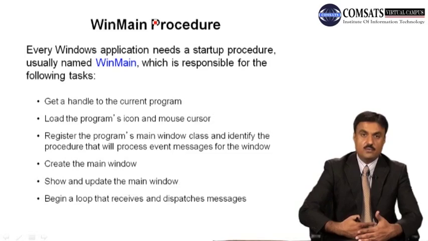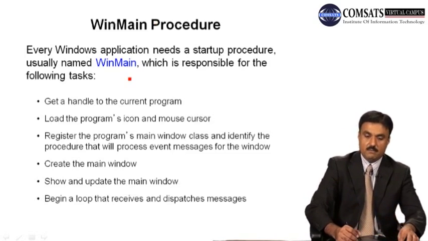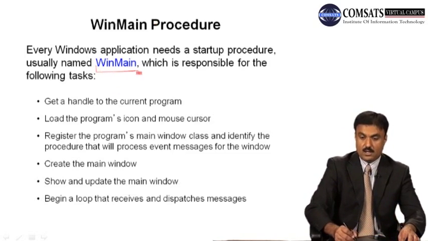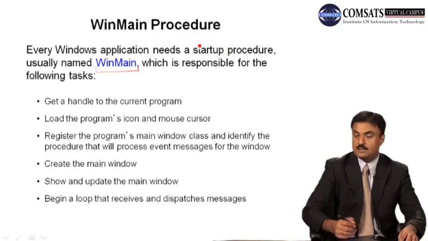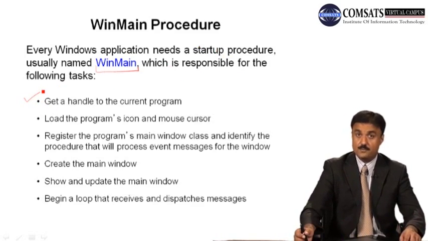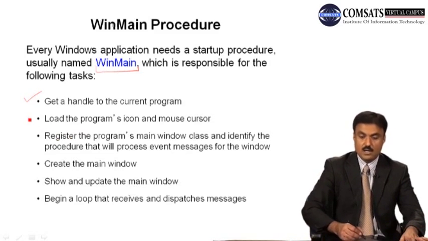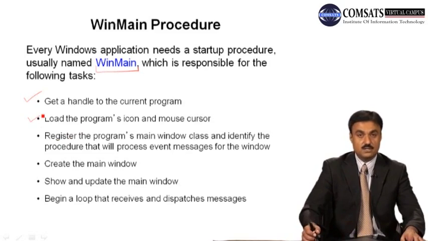However, we need a procedure that will hold all the Windows application information, and that is called the WinMain. It is responsible for the following tasks. First one is to get the handle to the current program. What is the handle for the current program? Second one is to load the program's icon and mouse cursor.